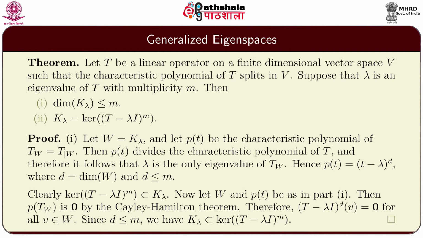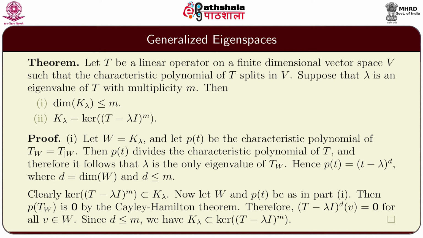Therefore, (T − λI)^d(v) is 0 for all v in W. And since d is less than or equal to m, we have K_λ is contained in the kernel of the operator (T − λI)^m. Therefore, we have proved this inclusion in both ways, and therefore, K_λ is the same as the kernel of (T − λI)^m.